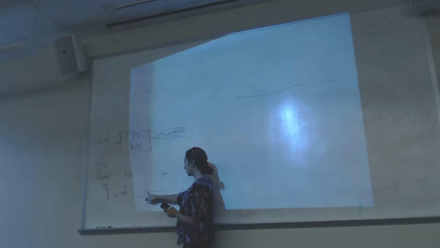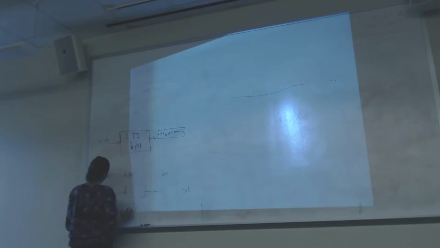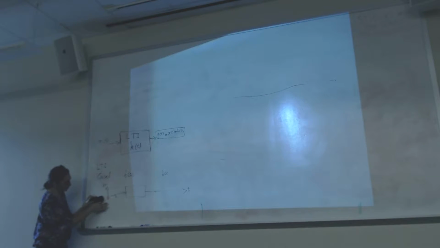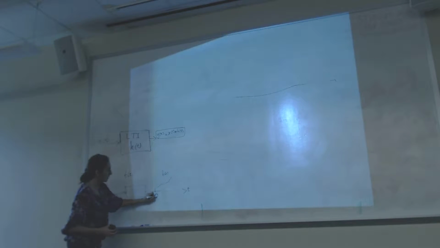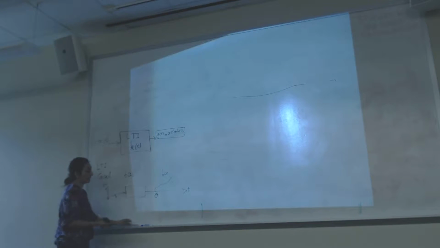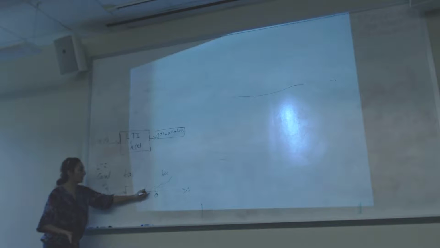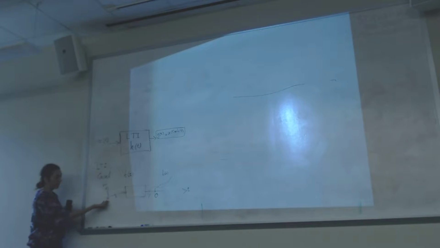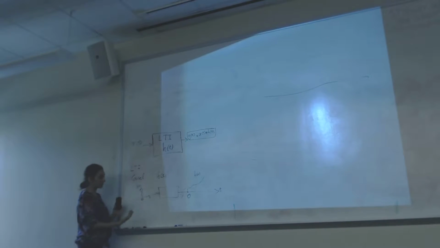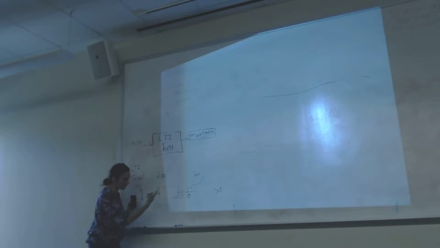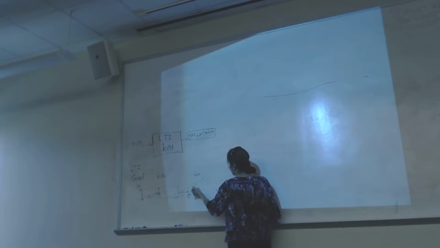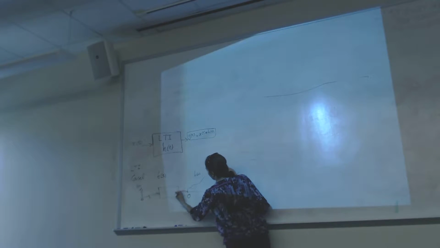Can it start at -1 or -2? Exactly. Up to now I haven't applied anything, so I shouldn't expect anything. At time 0, I apply the impulse, so my output should start from 0. If it starts earlier, then my system is not causal. If it starts at -1, I haven't even applied my signal yet, so that cannot be a causal system. The causal system is one where I apply at 0 and see the result after 0. And this is exactly the condition: h of t must be 0 for negative t.